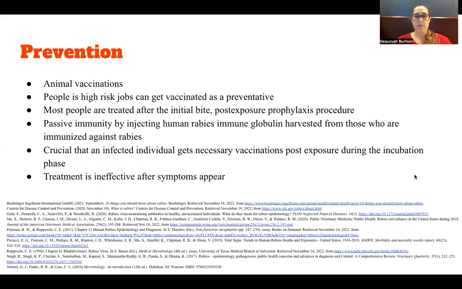So, being able to catch and vaccinate any sort of animal against rabies will help reduce the spread of rabies, but also as a person to avoid wild animals and to recognize the signs of a rabid animal will help reduce the chance of infection. Otherwise, those that have been infected have to get treated.